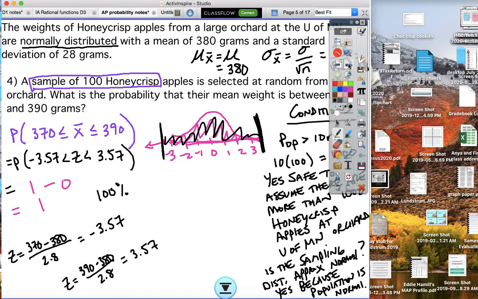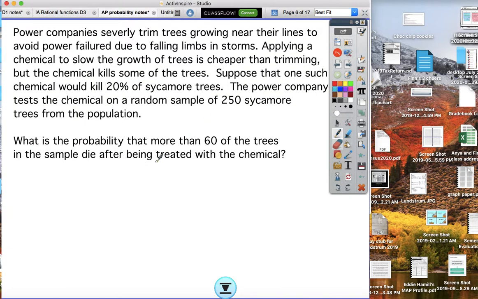Next problem is different. I've got 2 examples left. So now this is a whole different problem. You see how there's a percent in here? All right, let's just read through it really quick. A power company is severely trimming trees growing near their lines to avoid power failure due to falling limbs and storms.